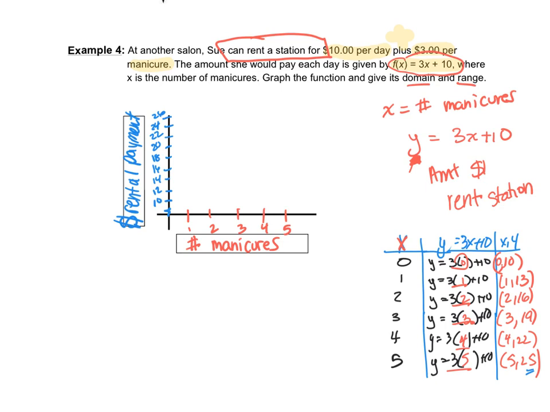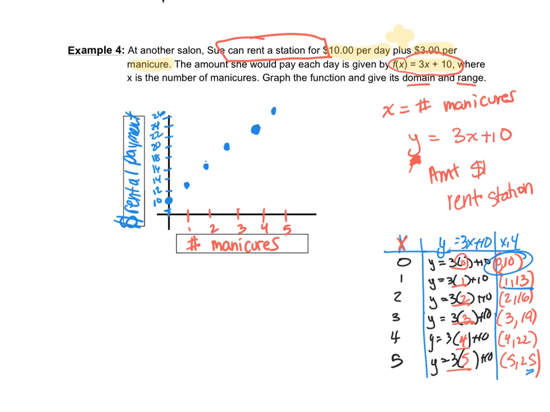And now I just graph my points. First point, 0, 10. Second point is 1, 13, which is right about here. 2, 16. 3, 19. 4, 22, and 5, 25.